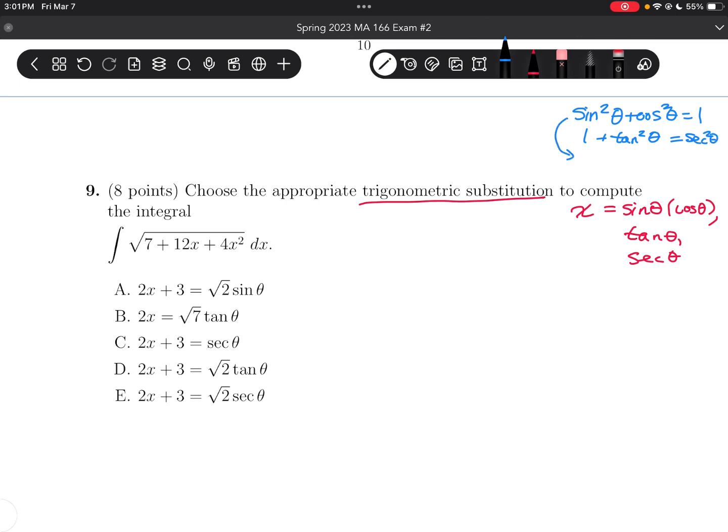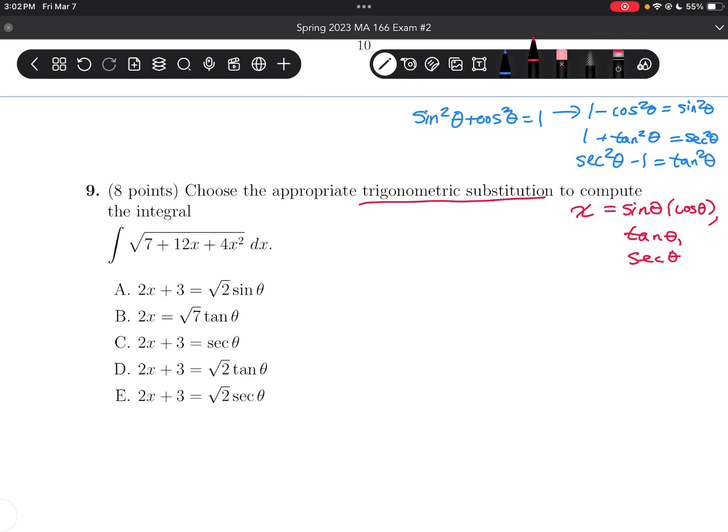I'm actually going to rewrite this first one: usually when we do trig sub, it's more helpful to rewrite this first identity as 1 minus cosine squared theta is equal to sine squared theta. And this last identity, we can also rewrite as secant squared theta minus 1 equals tangent squared theta.